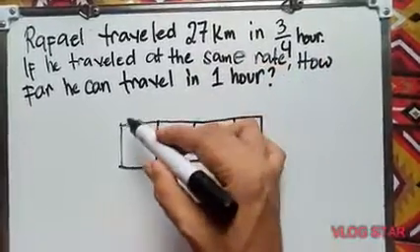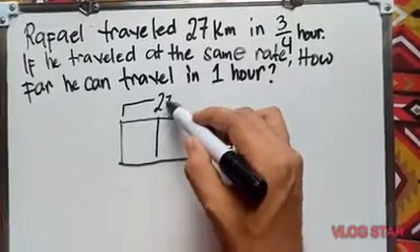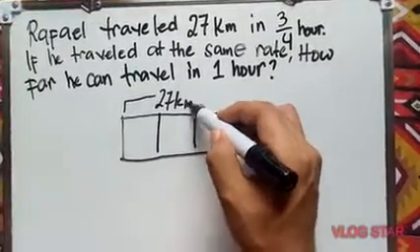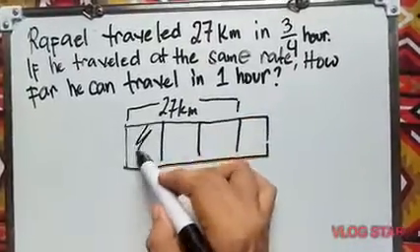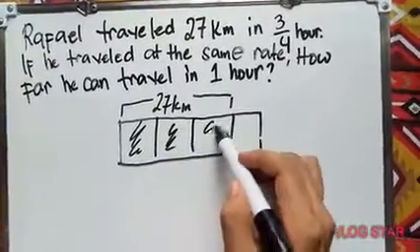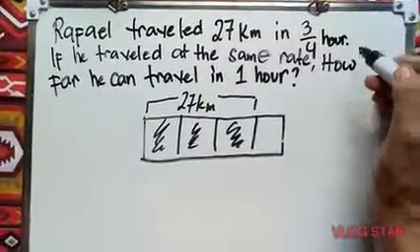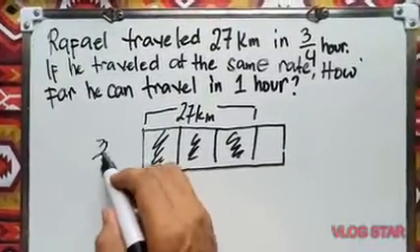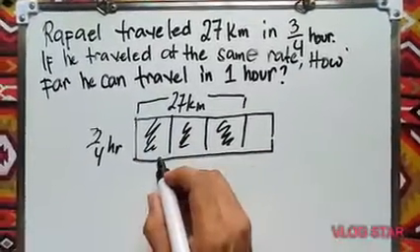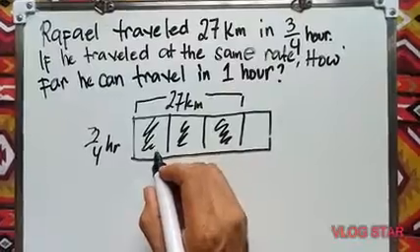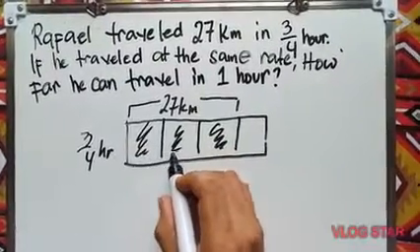So let's say this one is 27 kilometer. So he traveled this part in just 3/4 hour. So we need to know how many kilometer in each part.